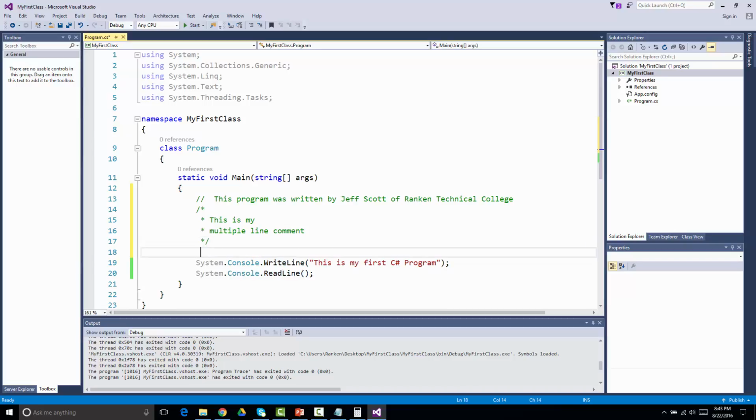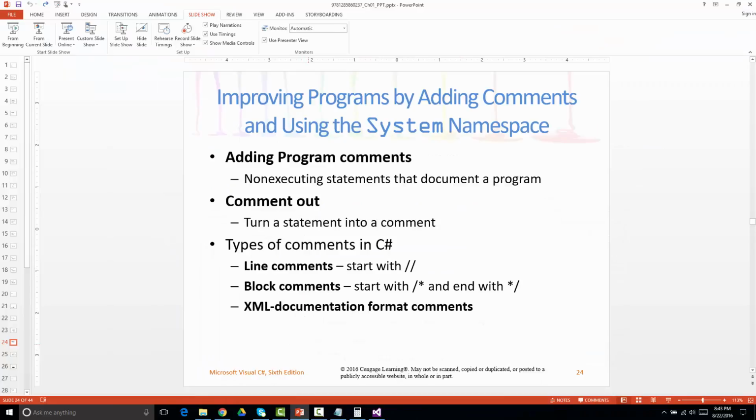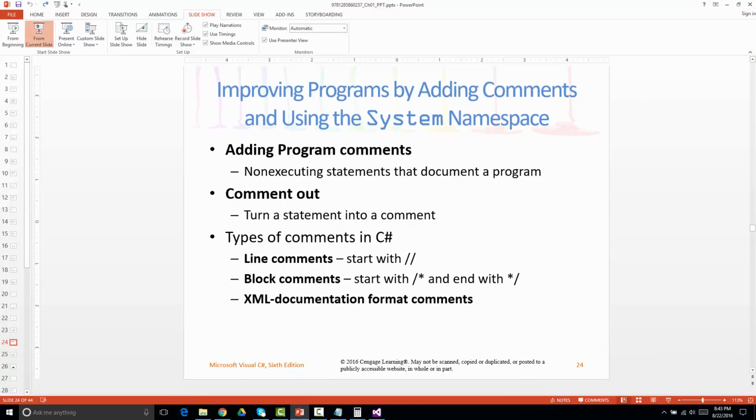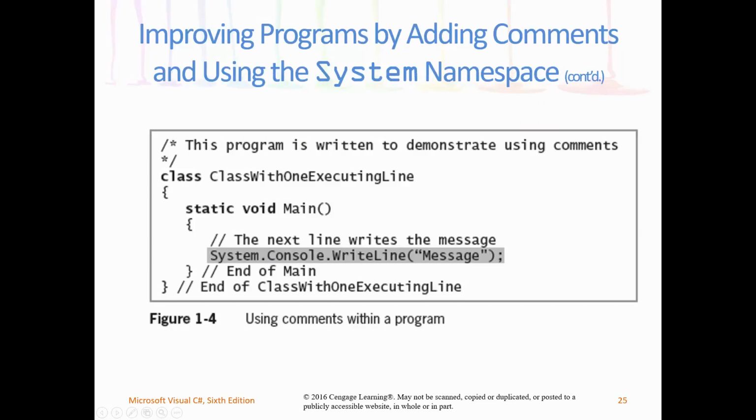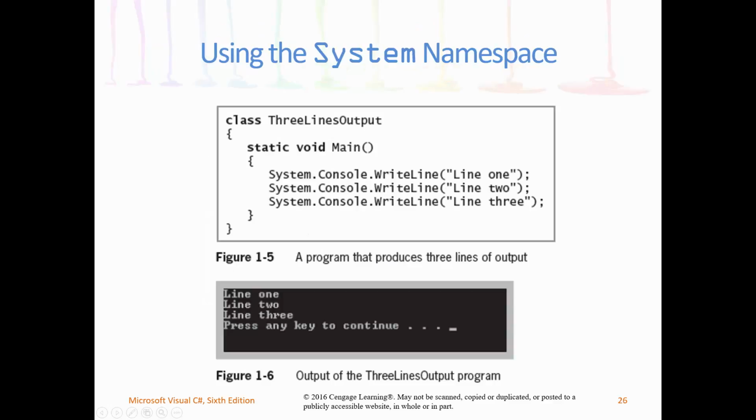Or I can start with 3 /. And this is what's called an XML comment. We're not going to go over that right now. So, an example very similar to what I just showed you. There's a multi-line comment, there's a single comment.